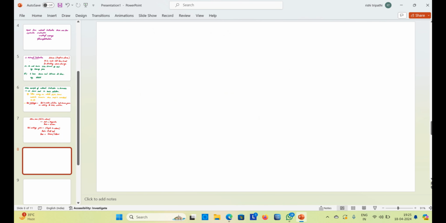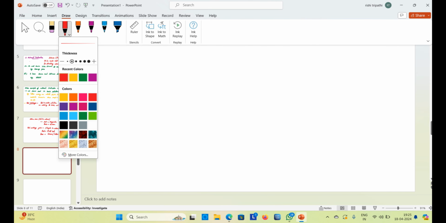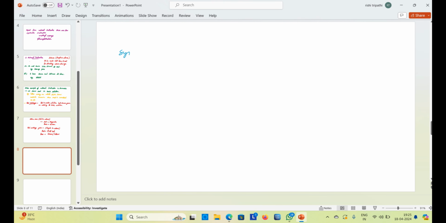Now we will talk about the synthetic indicators, which is very important. Synthetic indicators, I have told you, methyl orange, which is neutral in color, sorry, neutral color is orange.